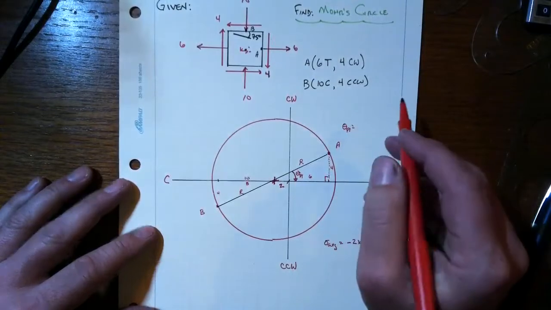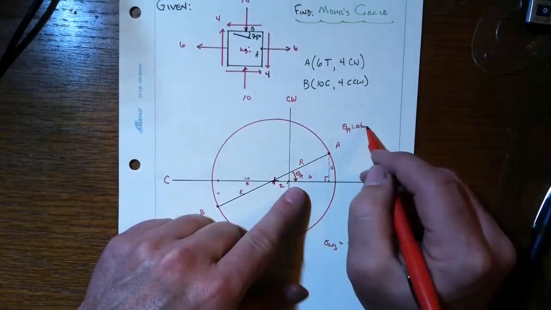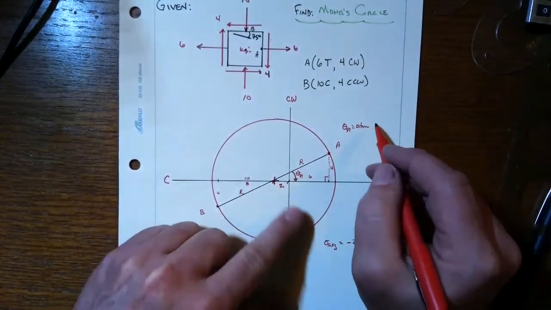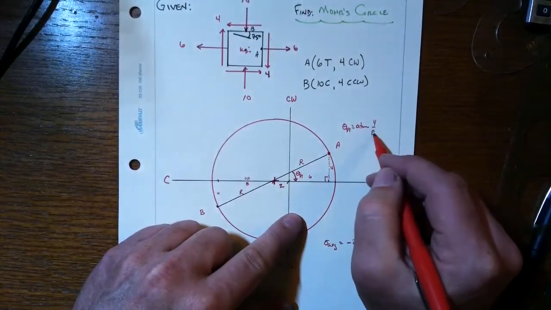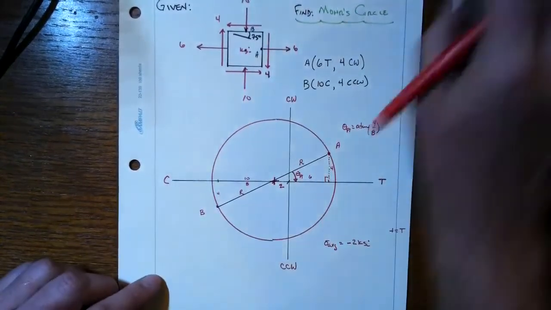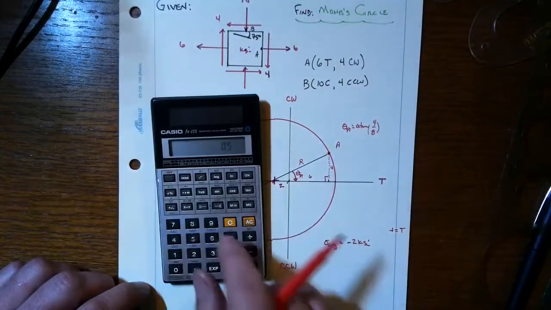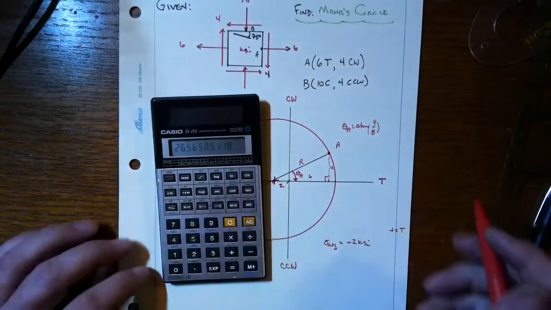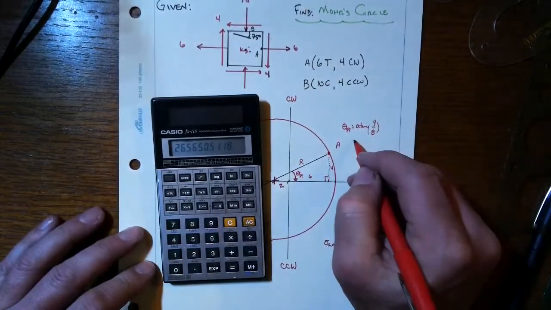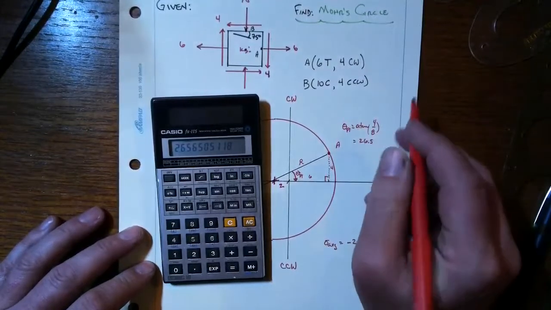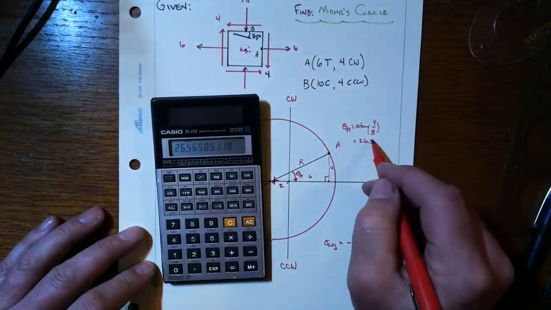So theta P1 is equal to the arctan of opposite over adjacent, which is 4 over 8. Don't really care about signs here right now. So that's, of course, 0.5, and take the inverse tangent, and that's 26.56.